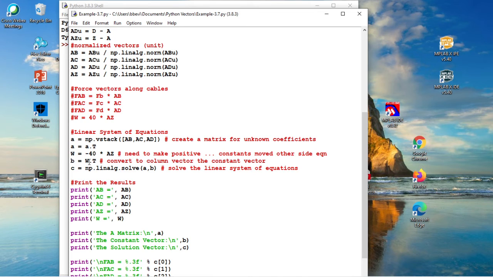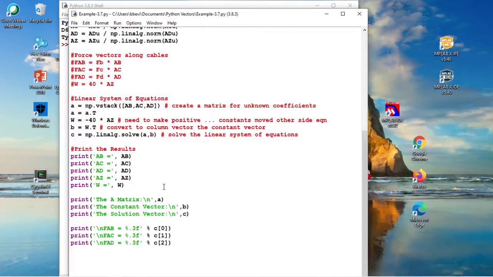And then I need the vector B, and I want the transpose of this to make it a column vector. Then I just call this command here, the linear algebra solve, which solves a system of linear equations where A is your matrix and B is your constant vector.